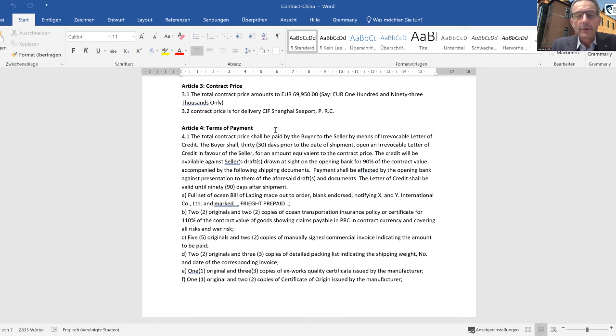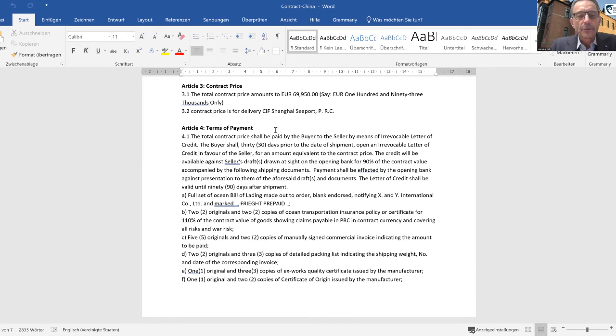And in nearly every case the chosen amount is 110% of the contract value, so 110% of, in our case, around about 70,000 euros. And you also have to name the risks here against your insured, and that is named here: all risks and war risks.